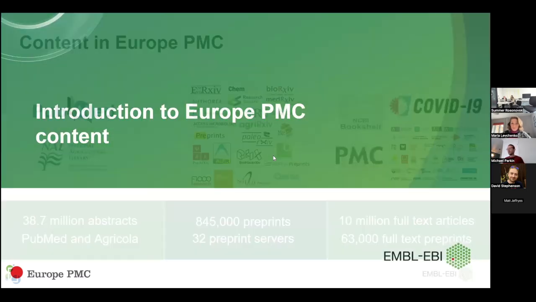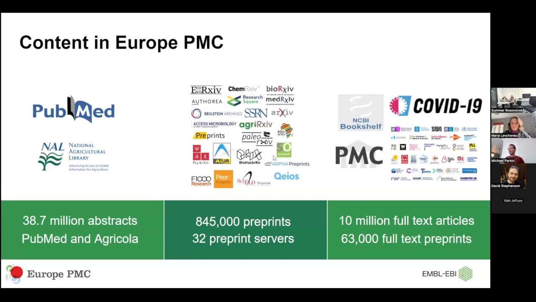So just a bit of an introduction to what's actually in Europe PMC. We're going to be querying publication content for the most part over the next hour. So we need to know what publications are actually in Europe PMC to start with. For the most part, it's a huge volume, close to 40 million PubMed abstracts.